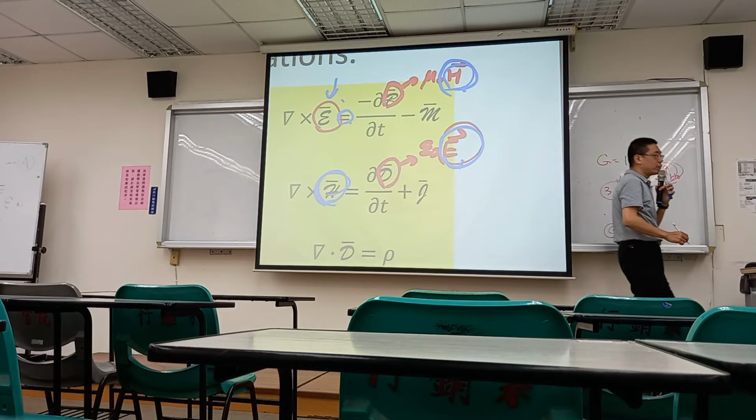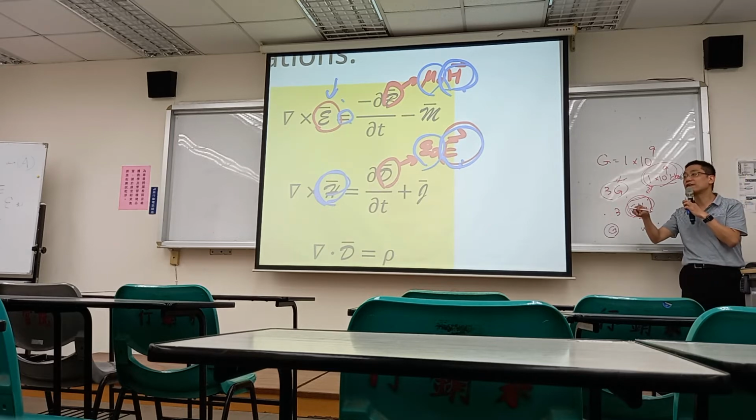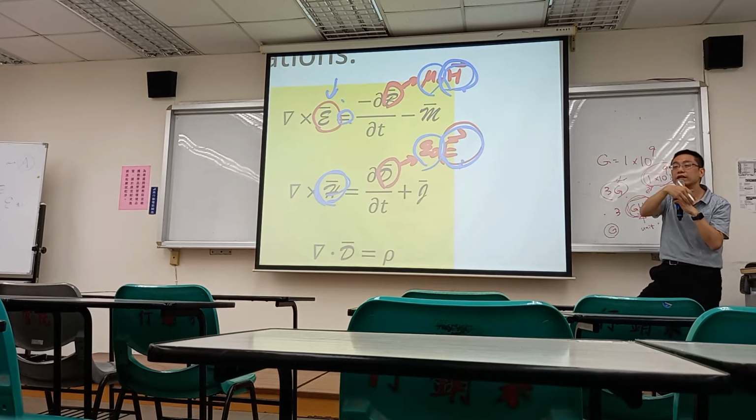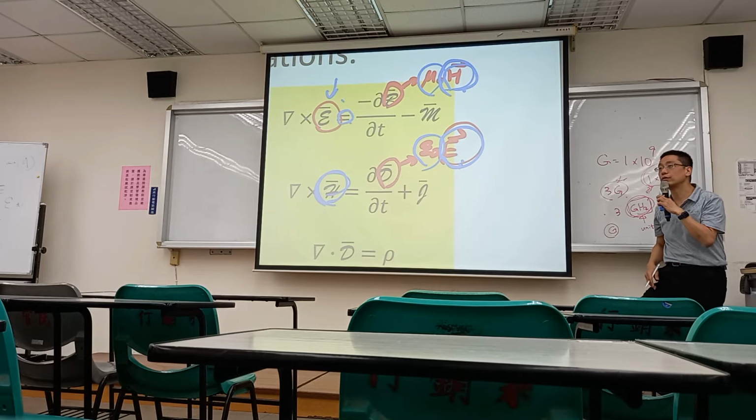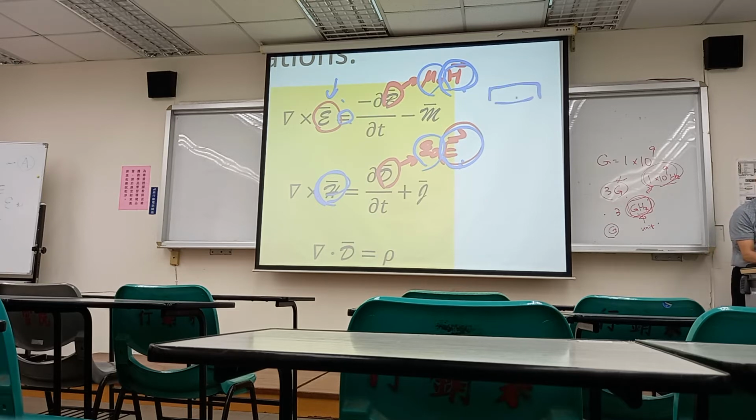And when do we use mu zero, and when do we use epsilon zero? If this is in the air, you use epsilon zero, mu zero. If this is in other materials, you use the other material's values. Like in an FR4 board, what is epsilon R? 4.3, right?